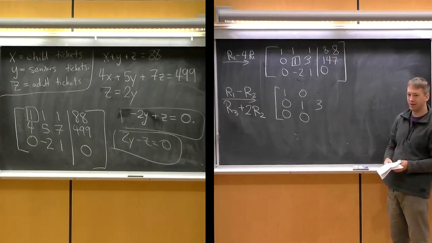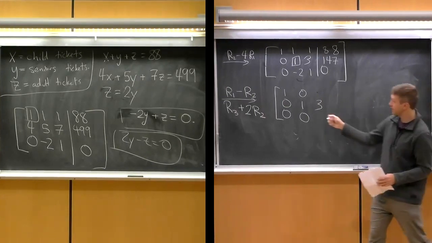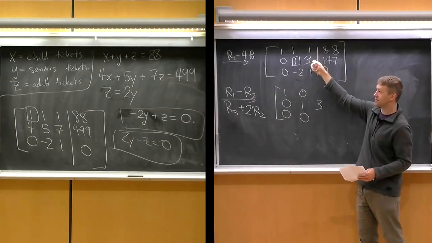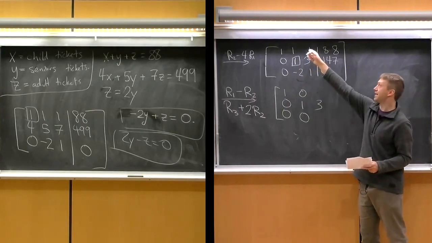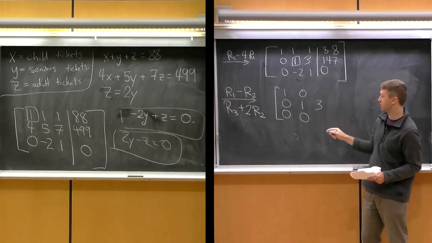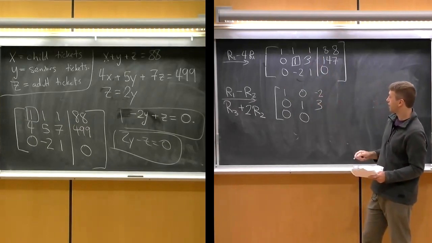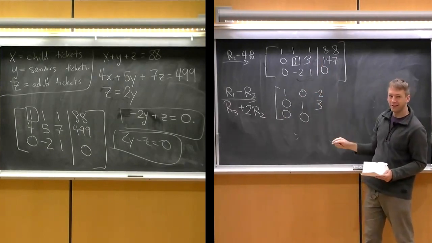Let's see how with me you guys are. So row 1, I'm taking my original row 1 and subtracting row 2, and I'm getting a -2. Taking that value minus the value on row 2, so -2. And here, yeah, 7.